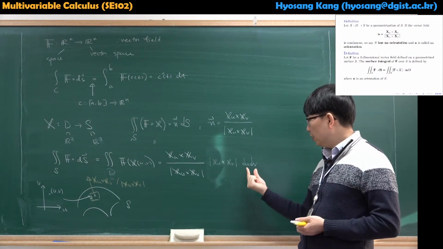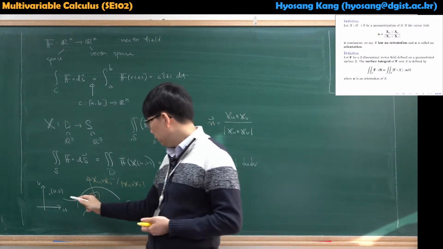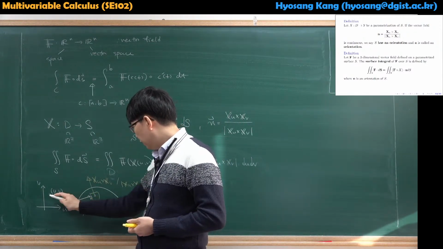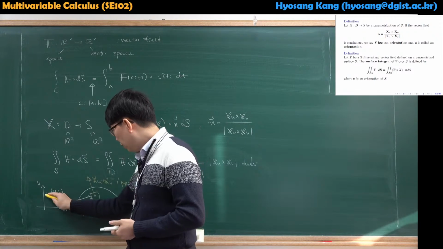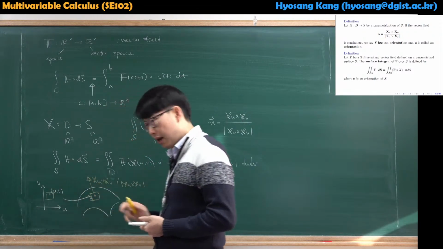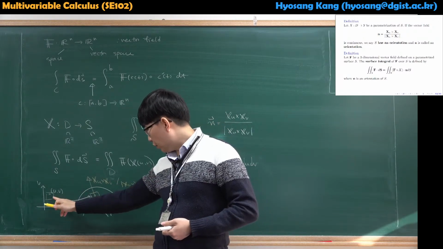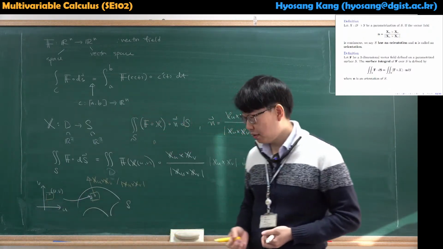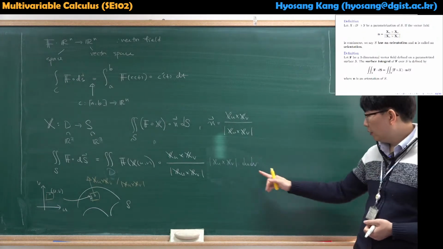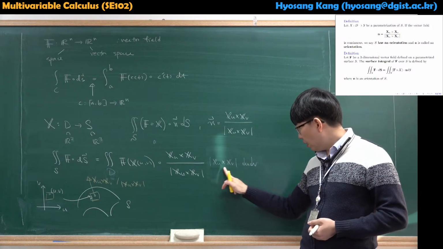Okay, so du dv is the area corresponding to this area of the surface, and the ratio between the area of the small portion of S and the corresponding portion of the UV plane is different. It's not equal to 1. So this term modifies the area.